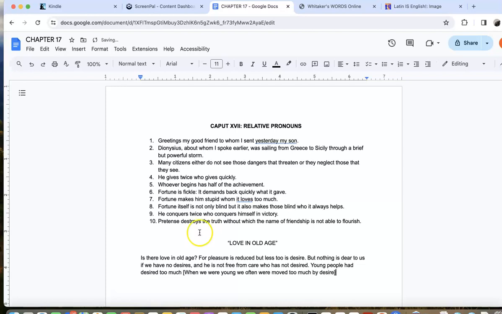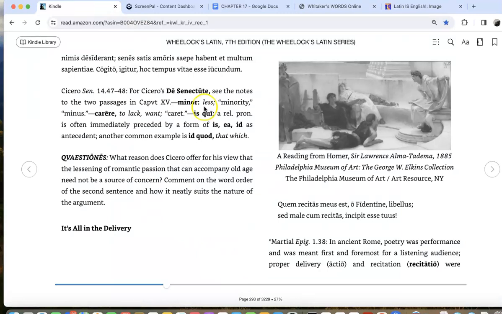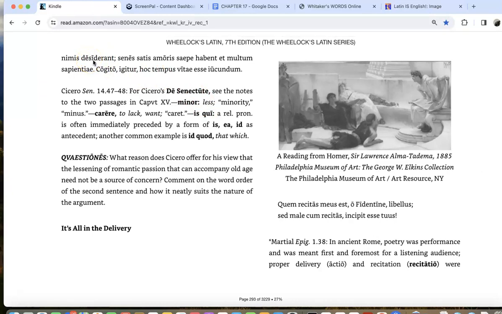But you can see why I don't do this: it adds a lot of words in the English translation that are not in the Latin, which in my experience tends to confuse people. So I tend to keep it rather literal. But this is pluperfect. It is where we get words like desire and others.